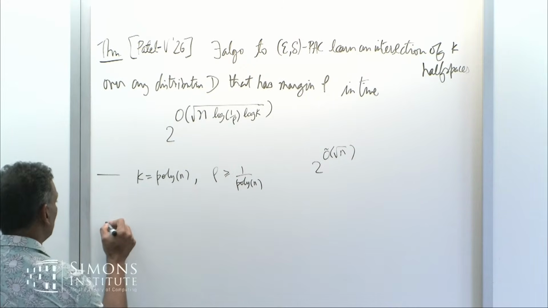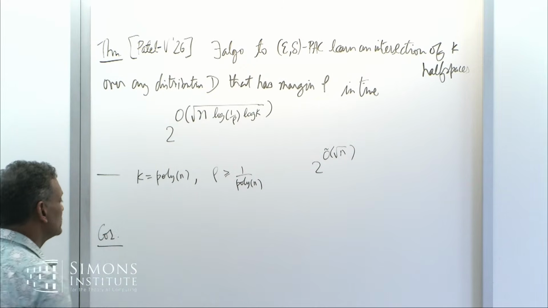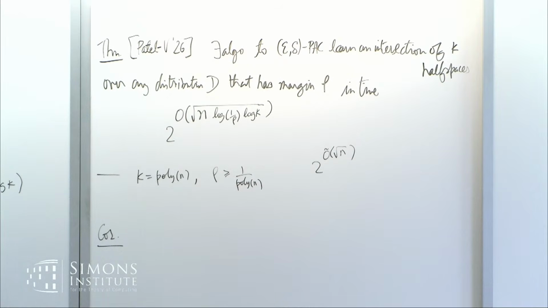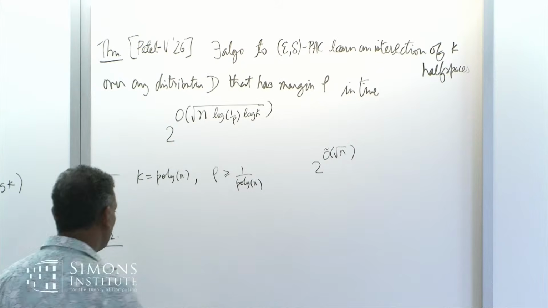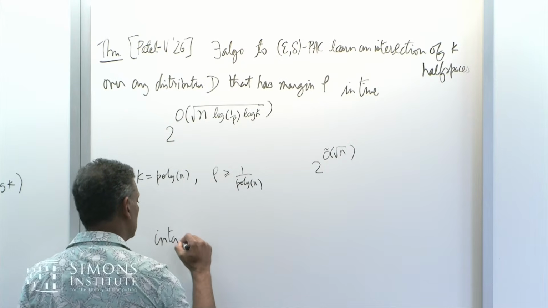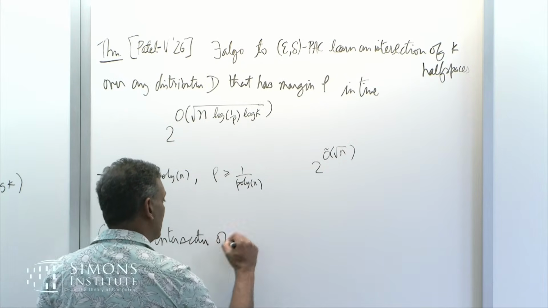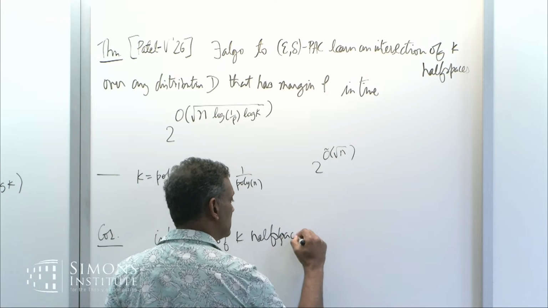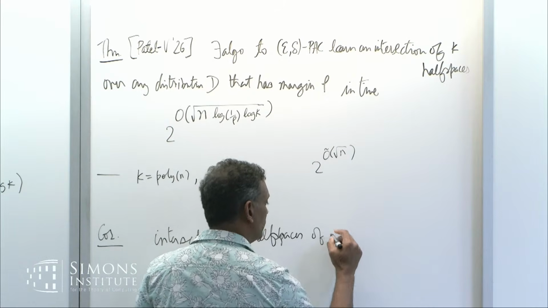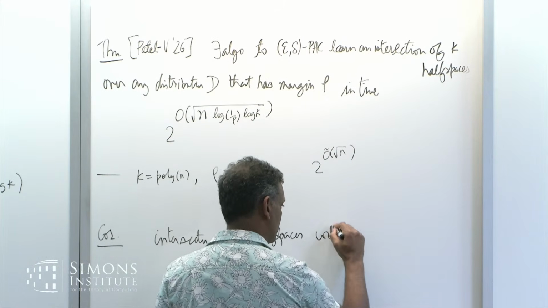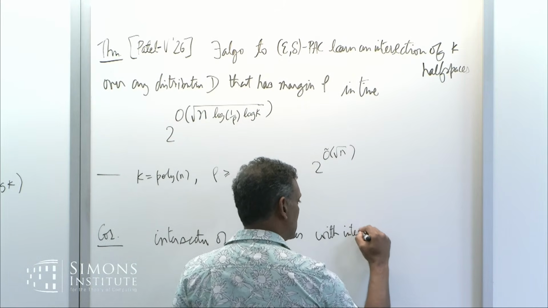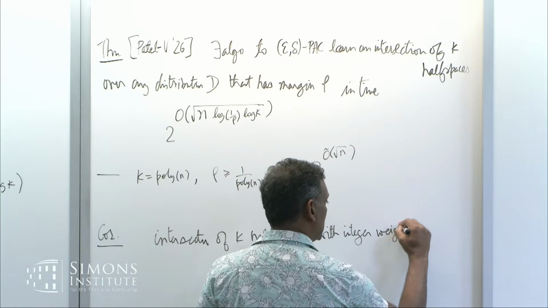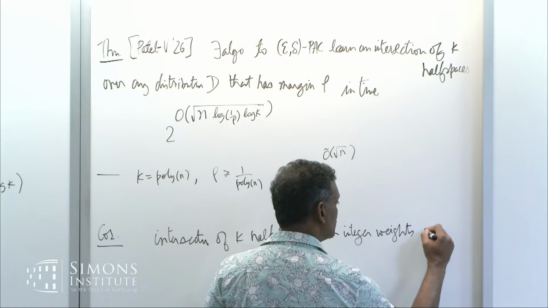There is a corollary which follows almost immediately for the Boolean cube, which is that if you consider an intersection of k half spaces with integer weights, magnitude at most w.